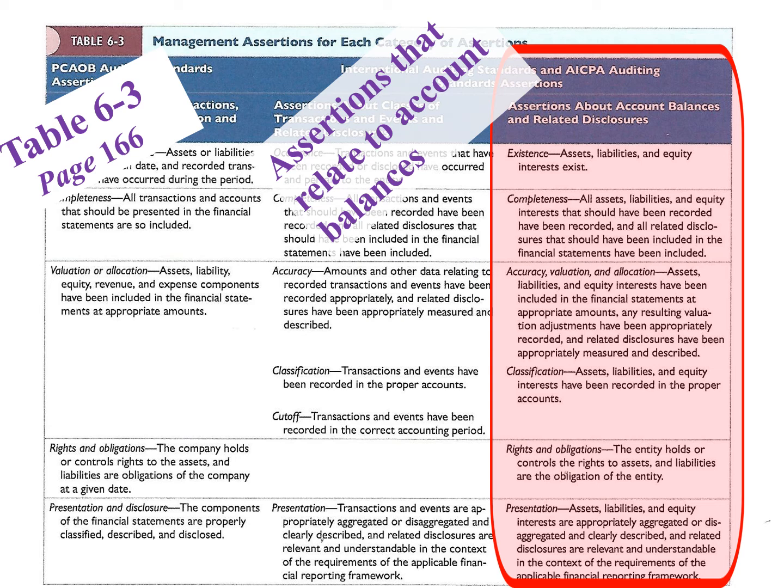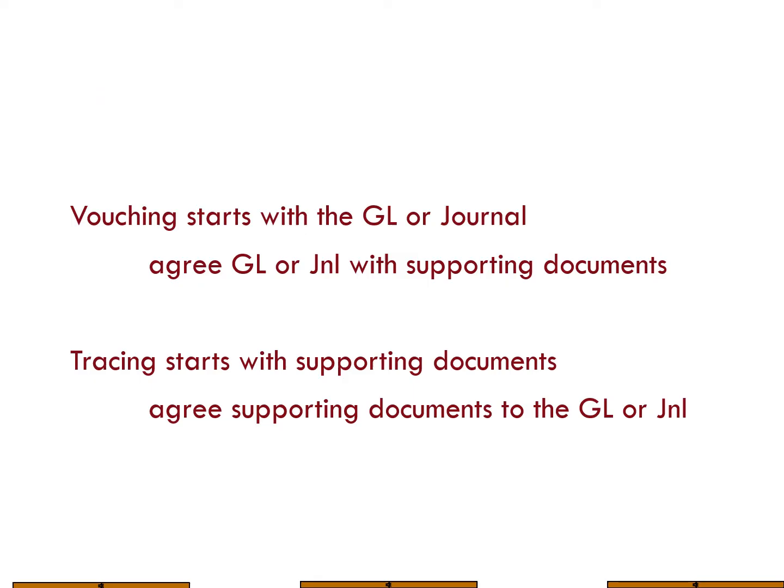Here are the assertions that relate to account balances. We're responsible for all 6 of them now. Vouching and tracing I think of as directions. I'm going to start with tracing. When we enter into a sales transaction, we receive a purchase order from a customer. We create a sales order.